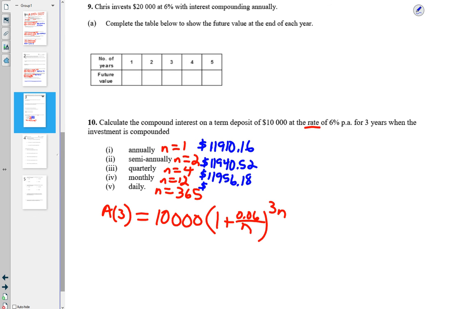I'm doing it fast. 11,966.81, and then the last one, daily, 1 plus the rate over 365, to the power of 3. Getting 11.